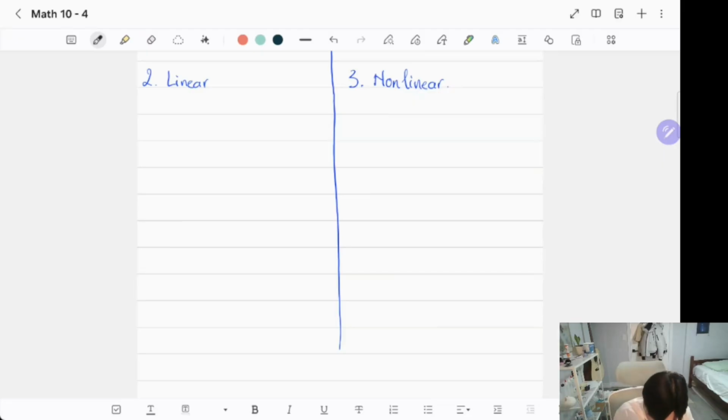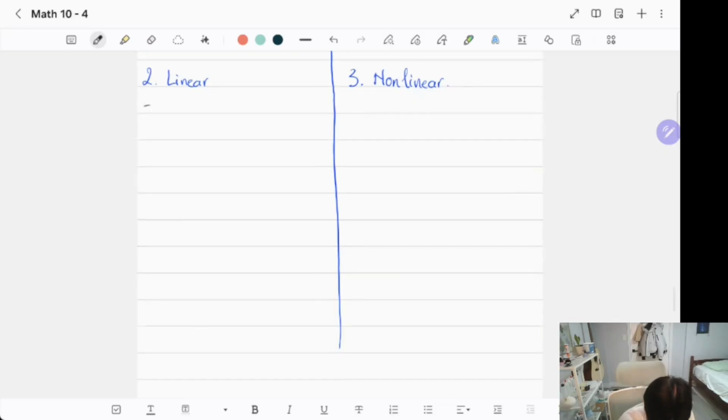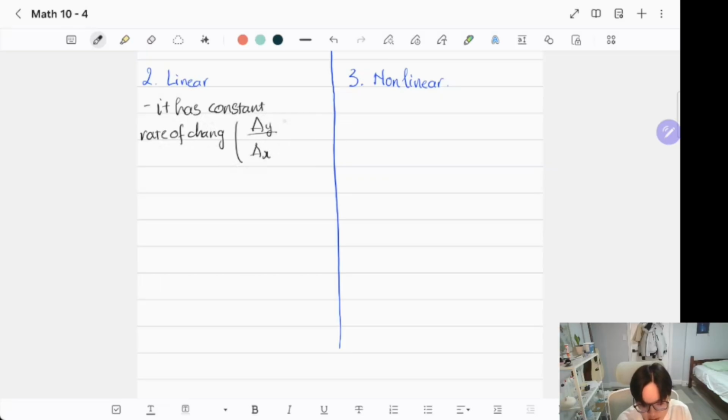Let me begin with linear relations first. This one has a constant rate of change, which is delta y divided by delta x, like I mentioned before, right? This needs to be constant.